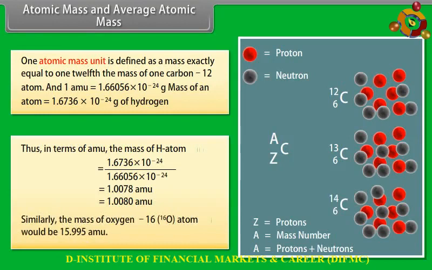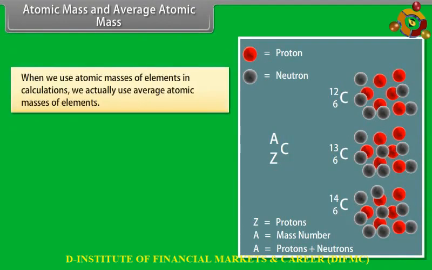Similarly, the mass of an oxygen-16 atom would be 15.995 amu. When we use atomic masses of elements in calculations, we actually use average atomic masses of elements.